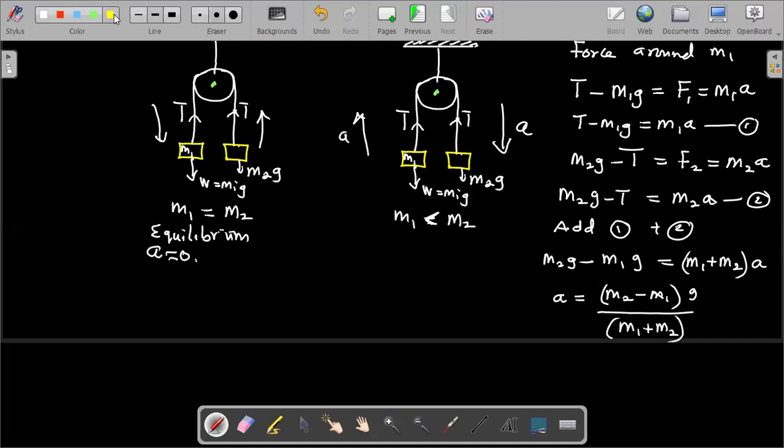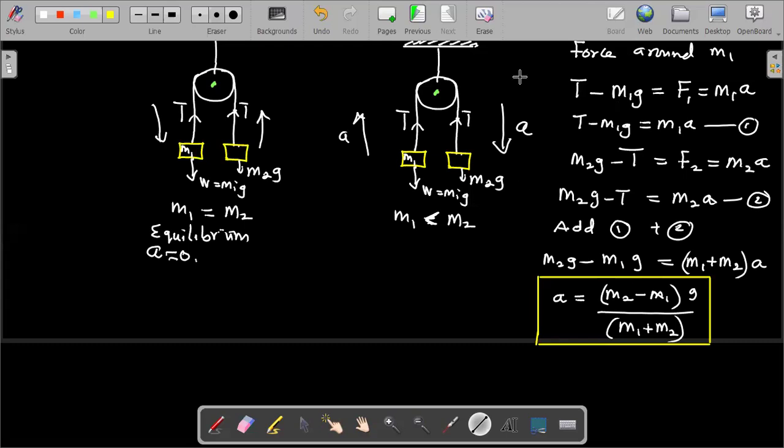This gives us the acceleration of the system when M1 is less than M2 in mass.